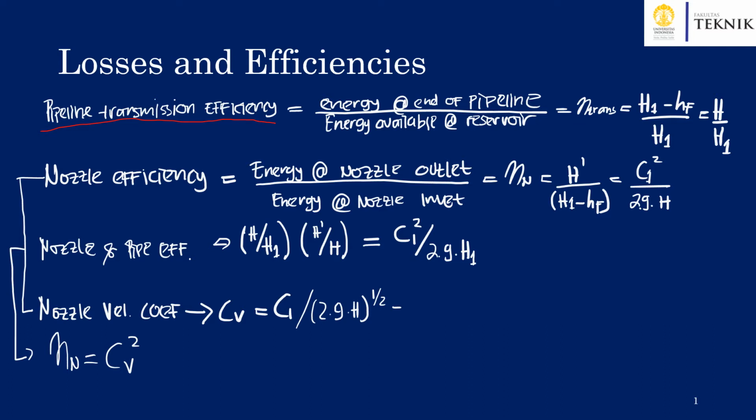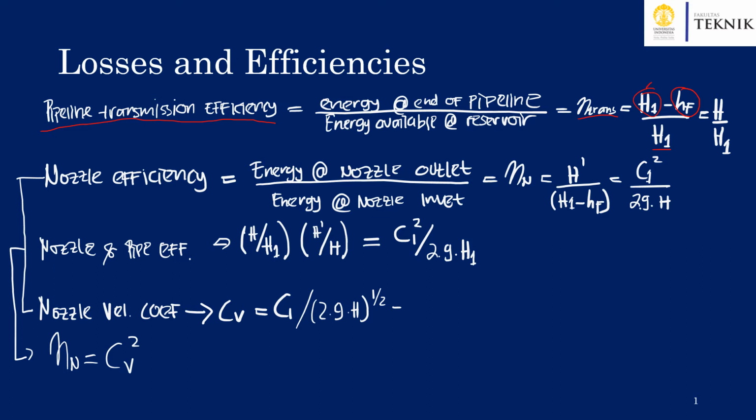So if we look back at the drawing of the turbine installation, we can write this efficiency mathematically as pipeline transmission efficiency equal to H1 minus the power loss due to friction, divided by the energy available at the reservoir. So H1, if we remember this drawing, is the head available between the reservoir and the center line of the nozzle.